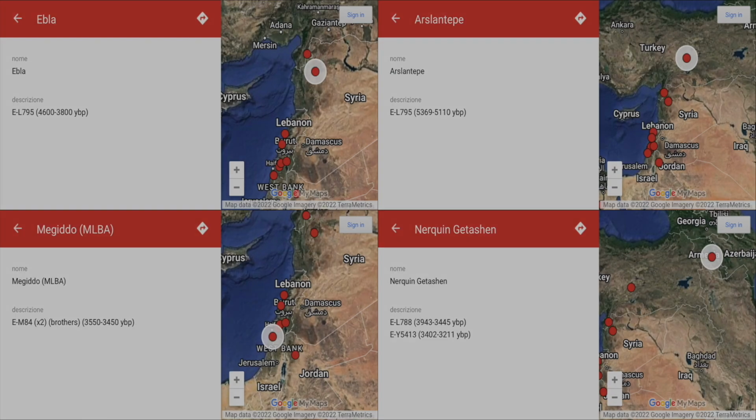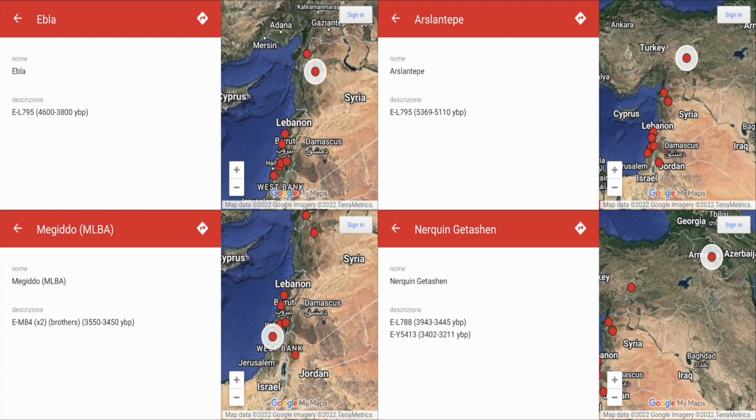So around the time period of the early Bronze Age in the Middle East, you have plenty of E-M84 samples likely belonging to Semitic populations and descending from ancient Natufian populations that were in the Levant. Could Abraham be one of these E-M84 or be similar to a person with E-M84 around this time period? When it comes to modern populations with E-M84, such as Jews and Arabs, many carry this haplogroup.